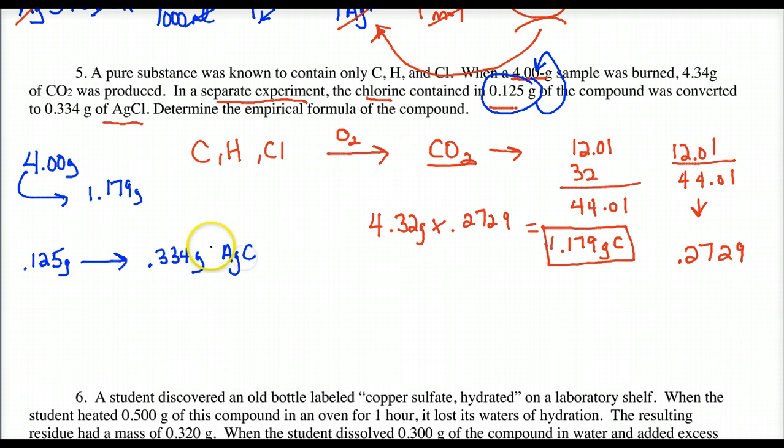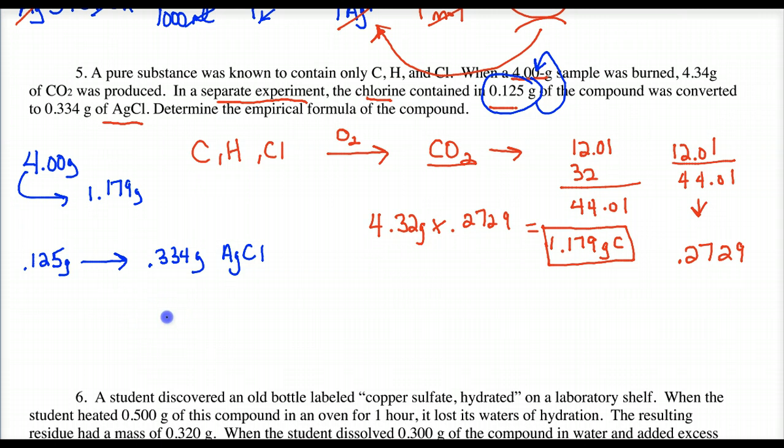We can assume in this process that all the chlorine in the sample became silver chloride. So determine the empirical formula. What we need to do is find how much chlorine is here. Well, I know the formula mass of silver chloride, so we can find moles, and from moles we can do a ratio.